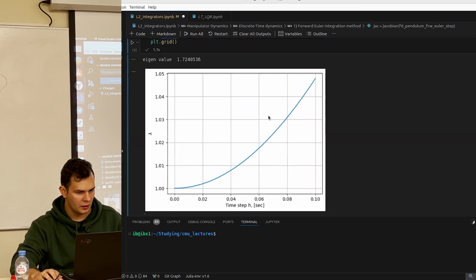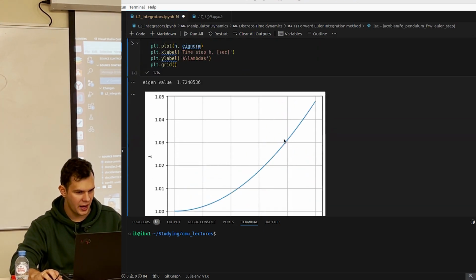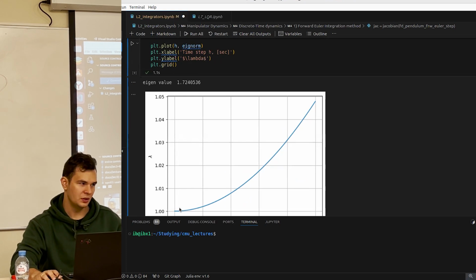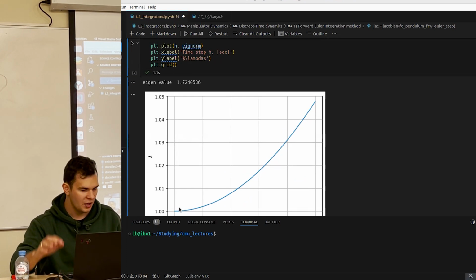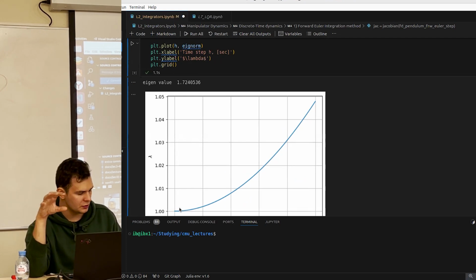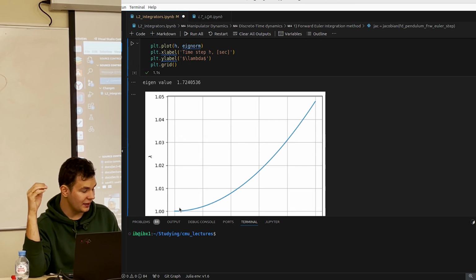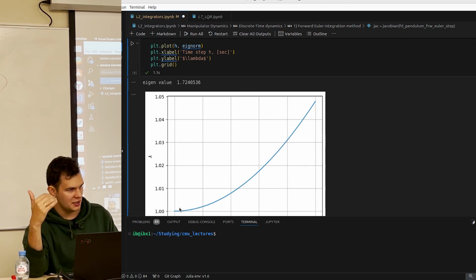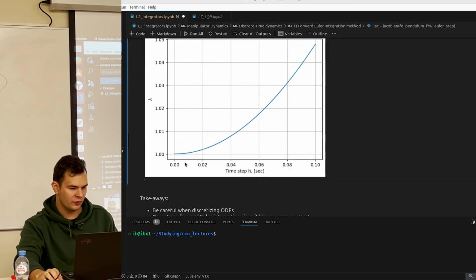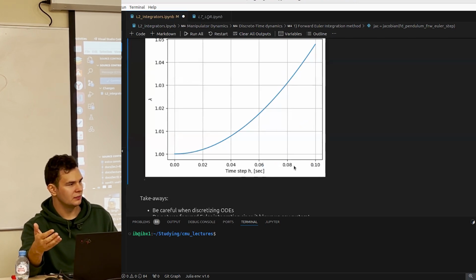by the way, for the forward Euler that we had before, the main idea was that the real part of the eigenvalues, if you don't know what that means, you need to check this information. The real part of the eigenvalues of your system must be less than 1 for the discrete system, and here you can see for any h, it's more than 1.